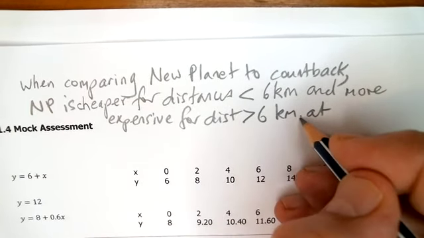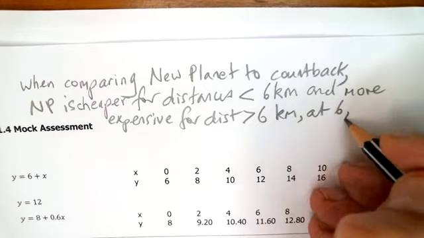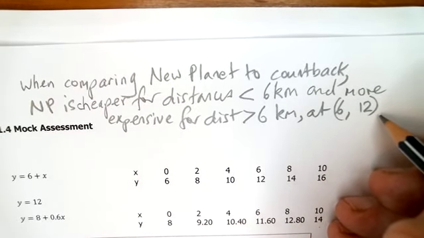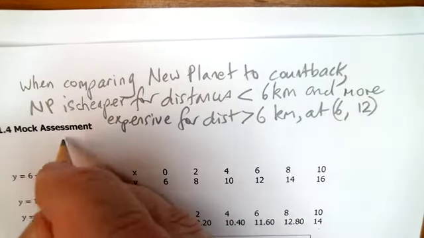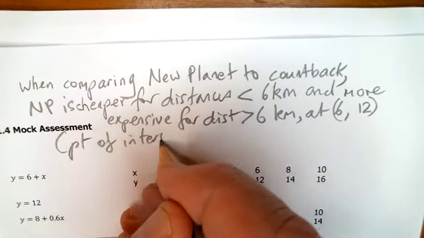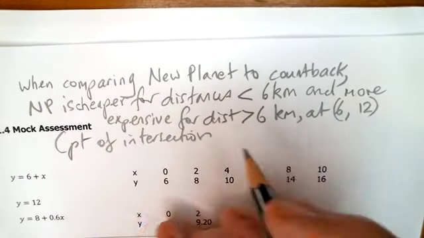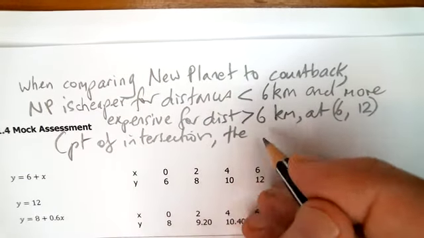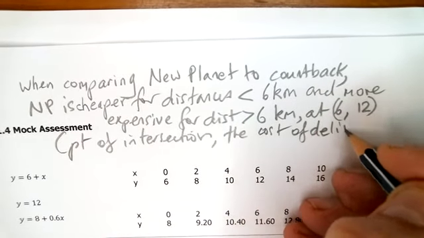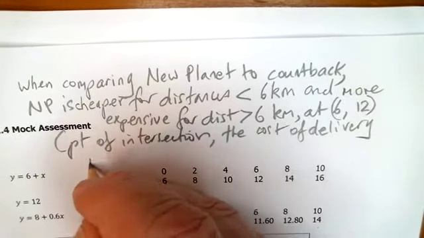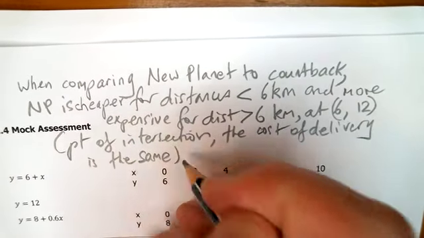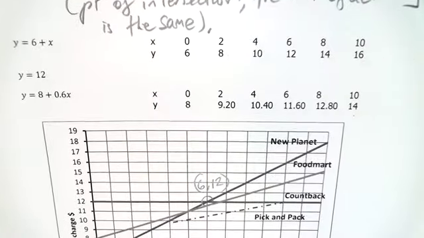At 6, 12, I'll put here point of intersection, the cost of delivery is the same. All right, so that's what I would put regarding that point.